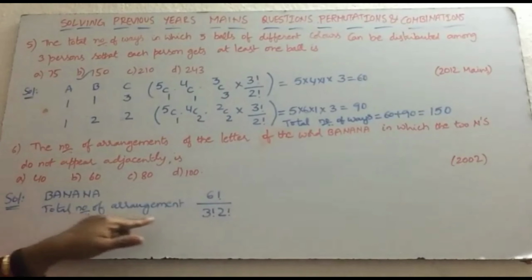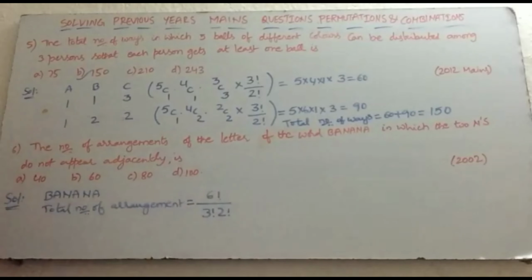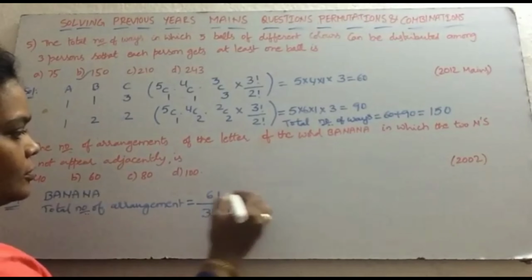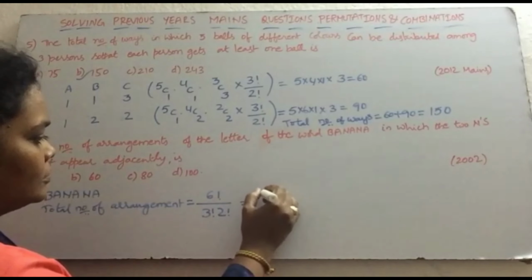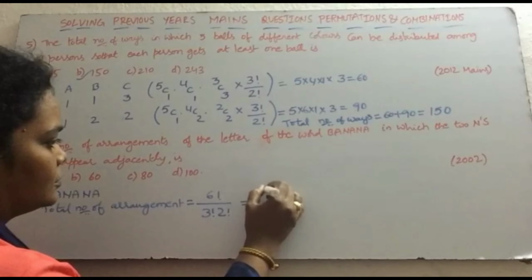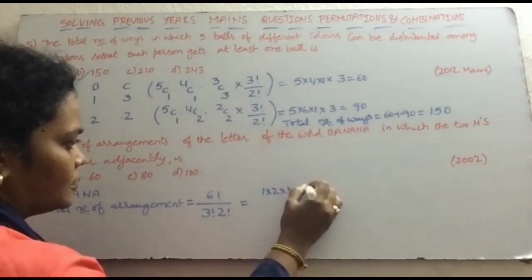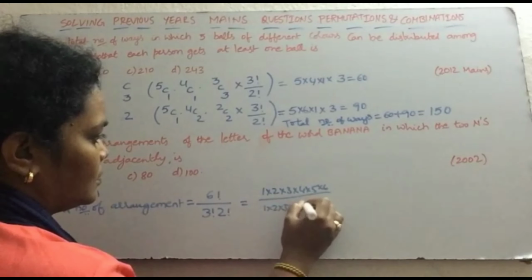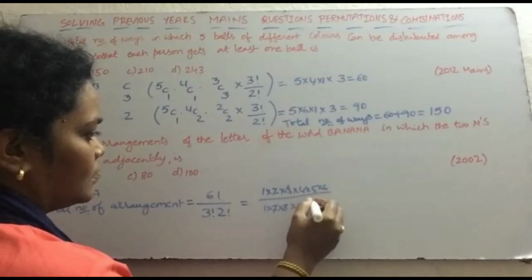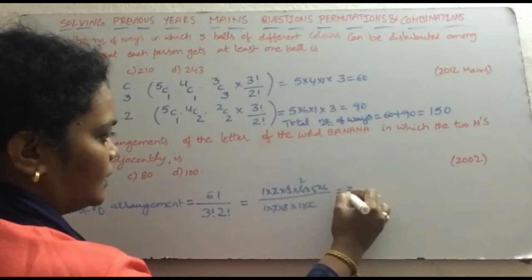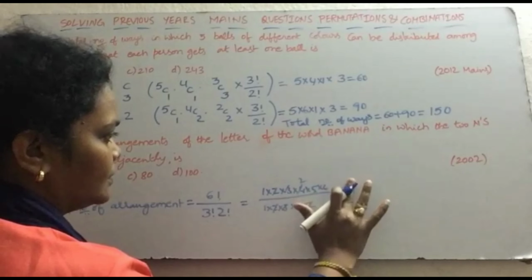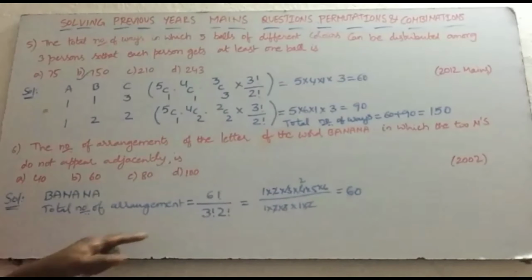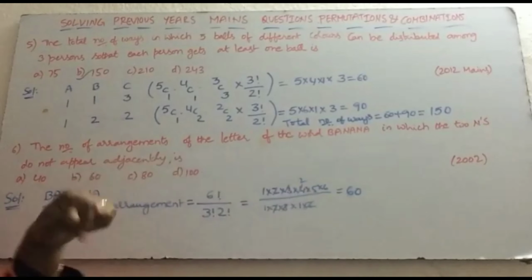So the total number of arrangements is 6 factorial by 3 factorial into 2 factorial, that is equal to 60.